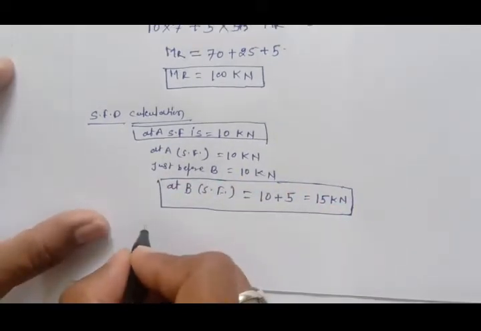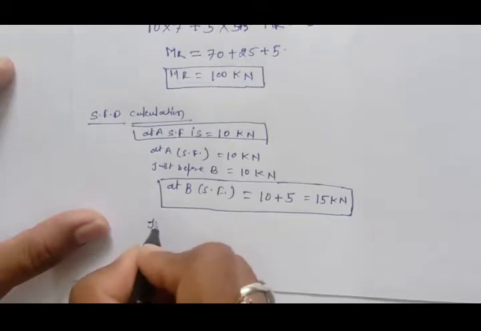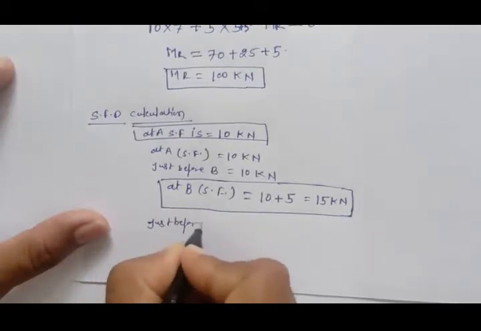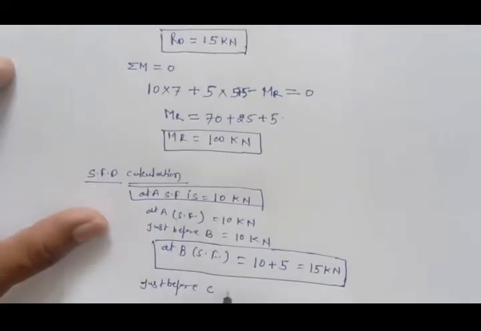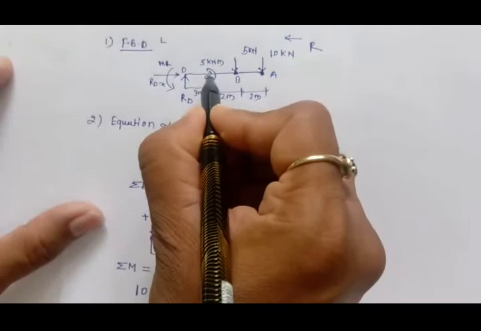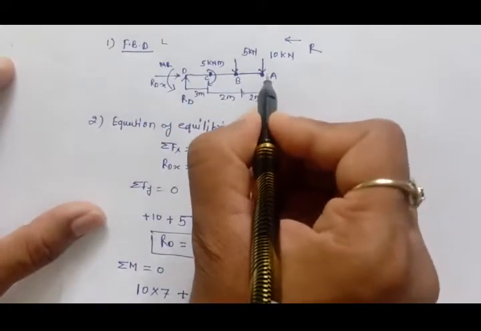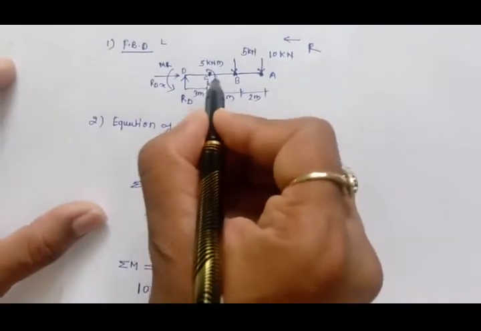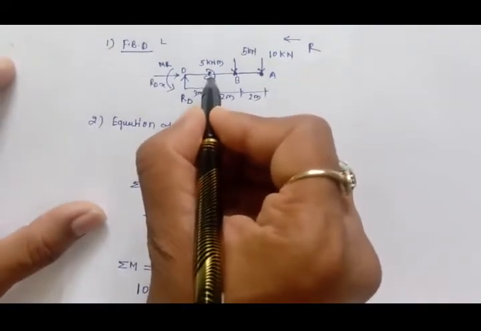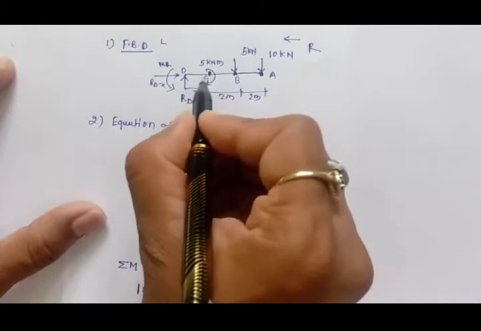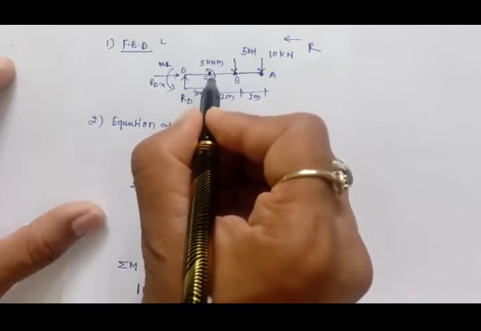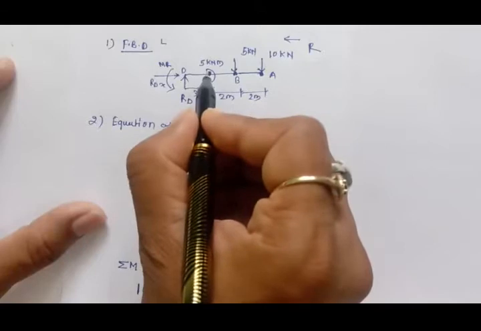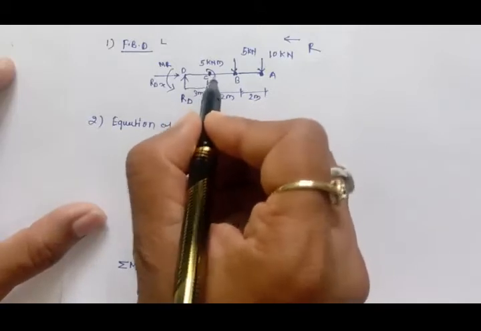And just before C, whatever the value is there, that is 15 kilonewton, it will be constant up to just before C. At C, because a 5 kilonewton moment is there, but since it is a shear force diagram, the moment will not be considered, only the vertical forces will be considered.